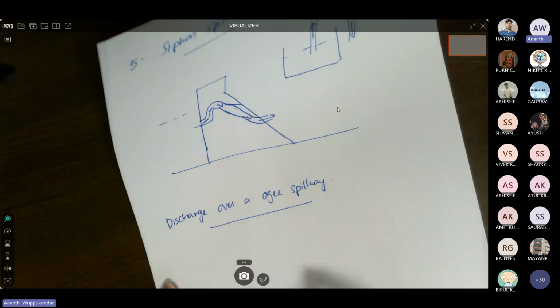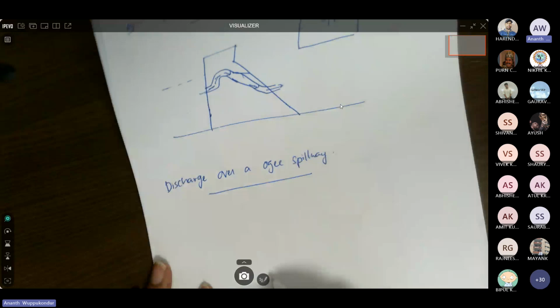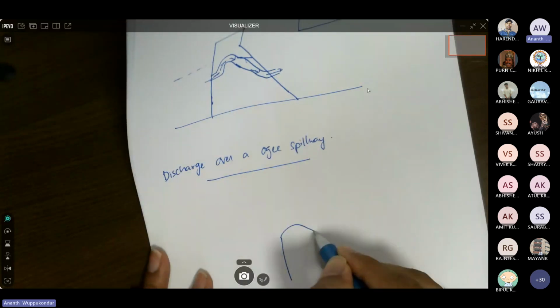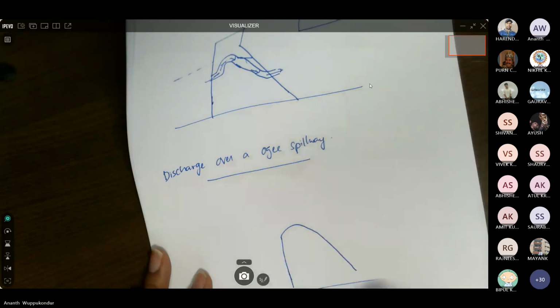So let's say I have a dam, a small height dam or low height dam, which is 10 meters or 20 meters.